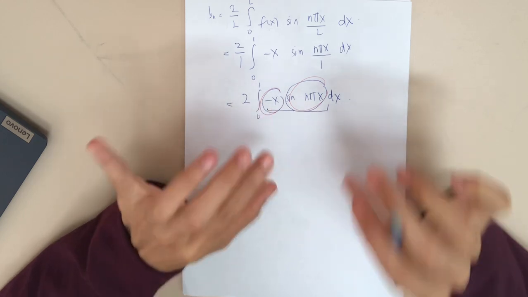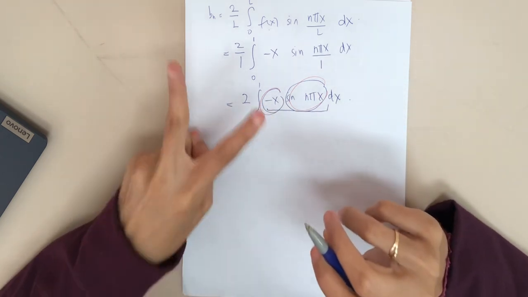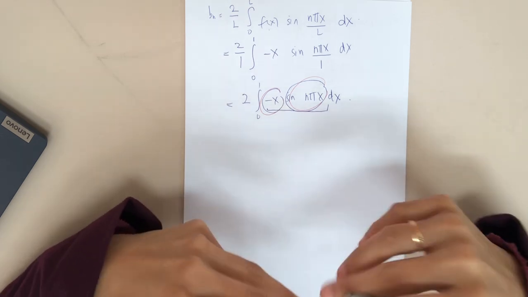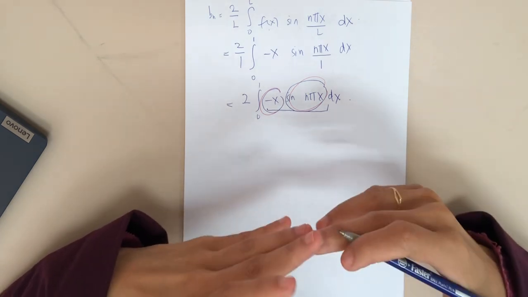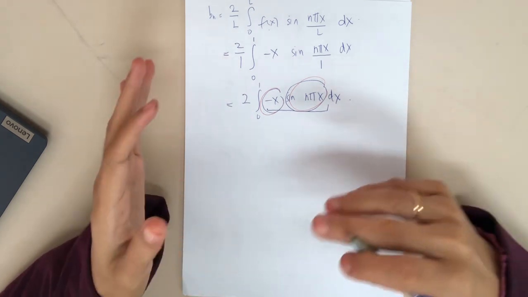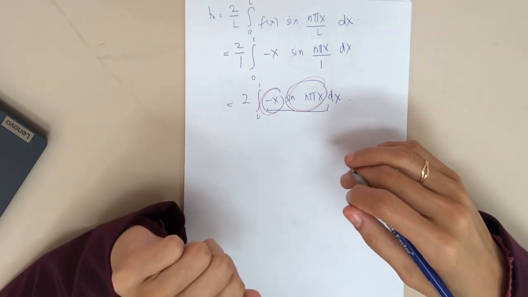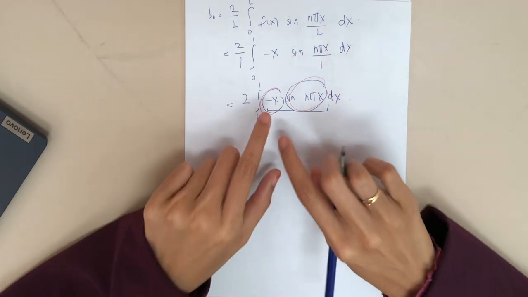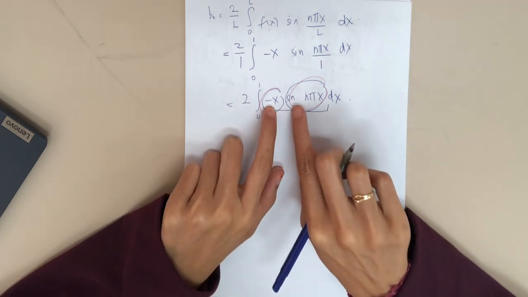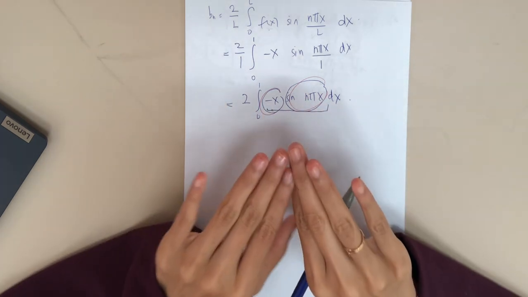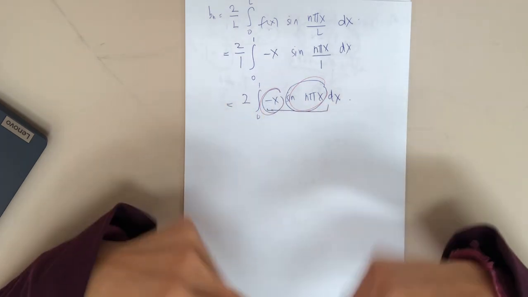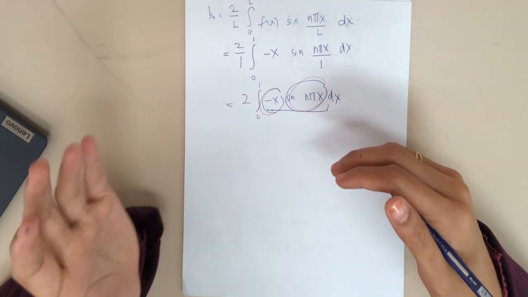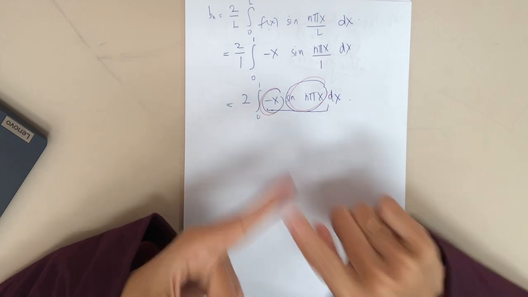So we have a product of two different terms: negative x, and a trigonometric term sin n pi x. They cannot be combined, so there is a way to find the answer. For differentiation, you have the product rule.